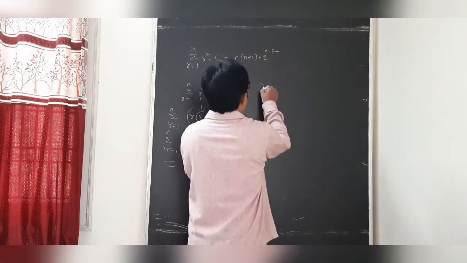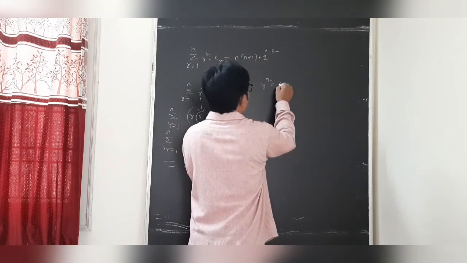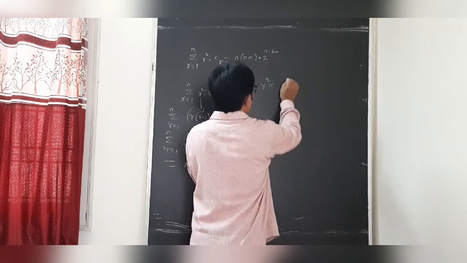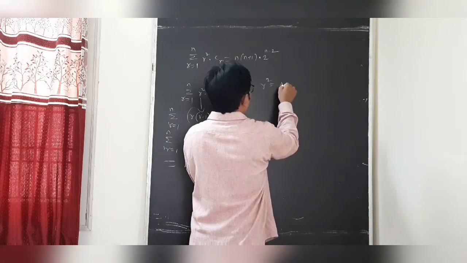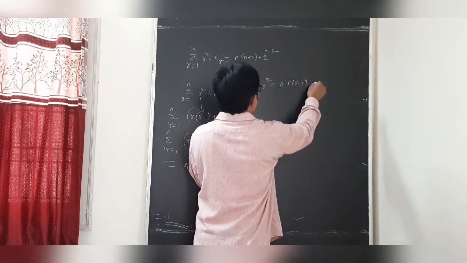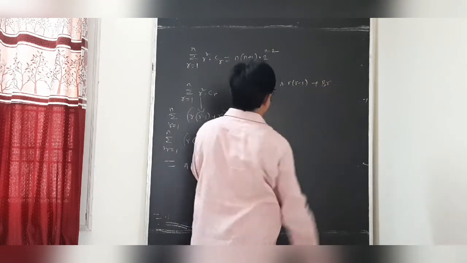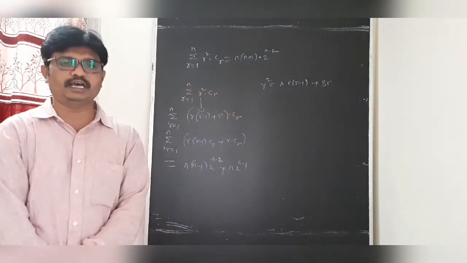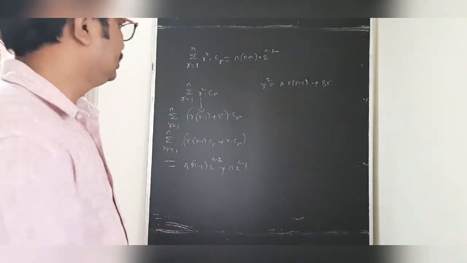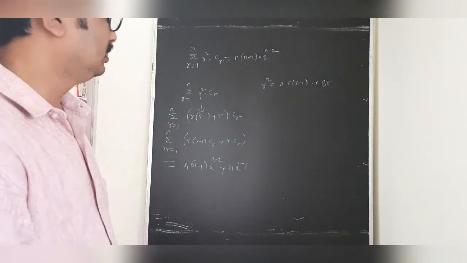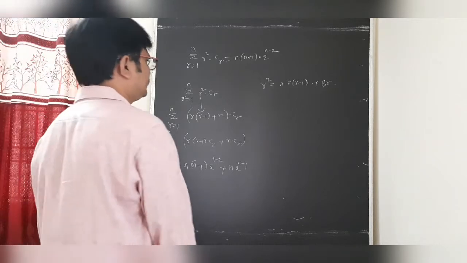Suppose we forget this one. Undoubtedly, students, r square can be written as A into (r minus 1) plus Br. How to write it, students? r square can be written as A into (r minus 1) plus Br.